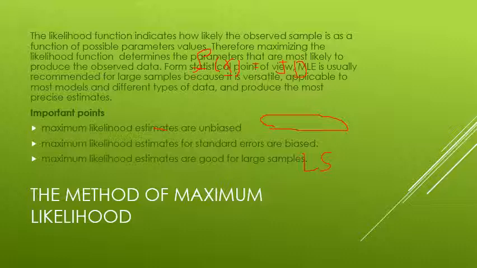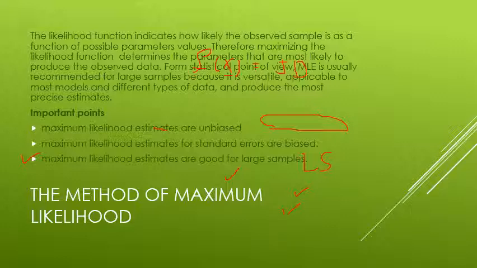Now, here are some important points I have formulated for you. Maximum likelihood estimates are unbiased. Maximum likelihood estimates for standard error are biased. Maximum likelihood estimates are good for large samples.